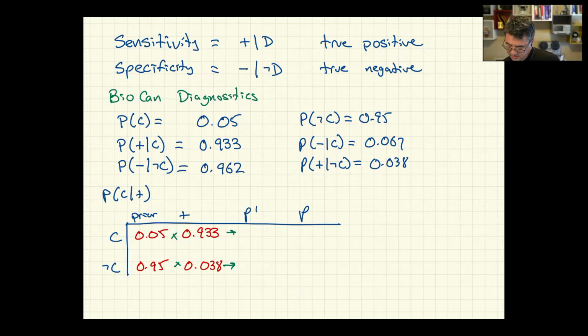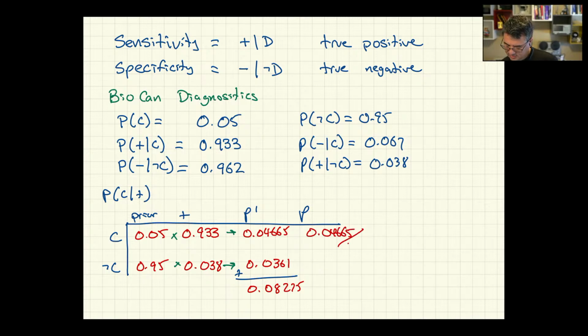And if I use my calculator, I get 0.05 times 0.933, and I get 0.04665. And then for the bottom row, I get 0.0361. Then let's add those together, and I get 0.08275.